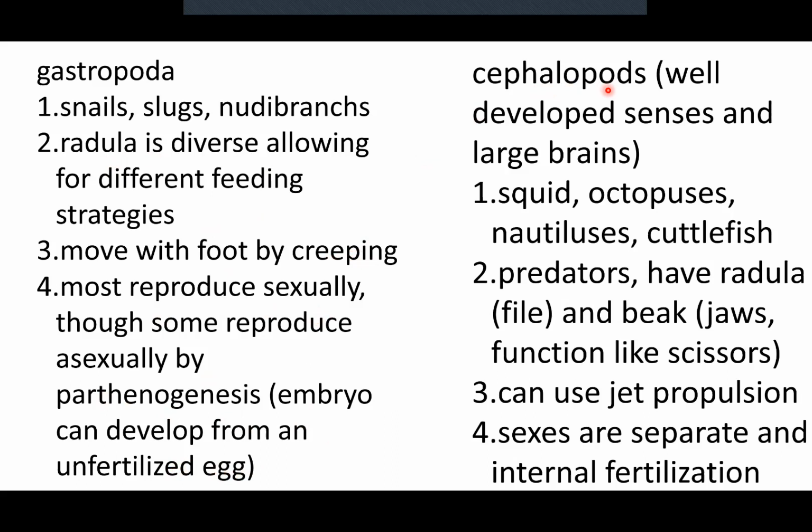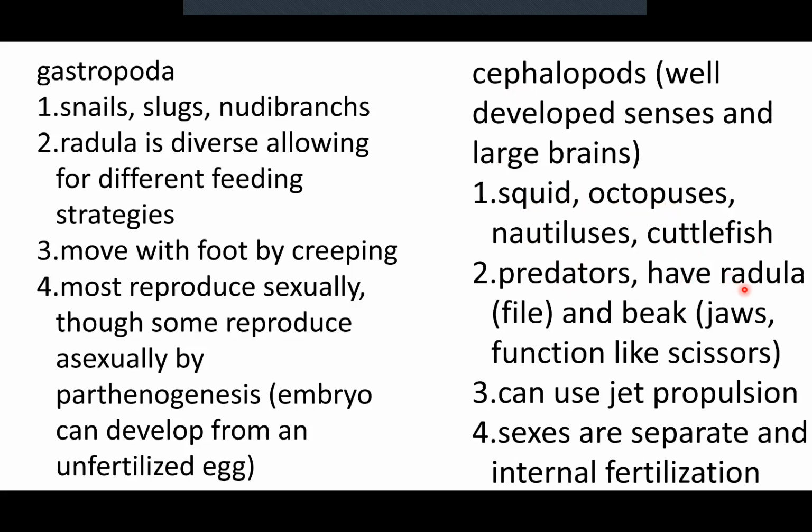Cephalopods get their name from their well-developed senses and large brains. If you remember, cephalo refers to the head region, the brain, and this includes your squids, octopuses, nautiluses, and cuttlefish, which are predators.